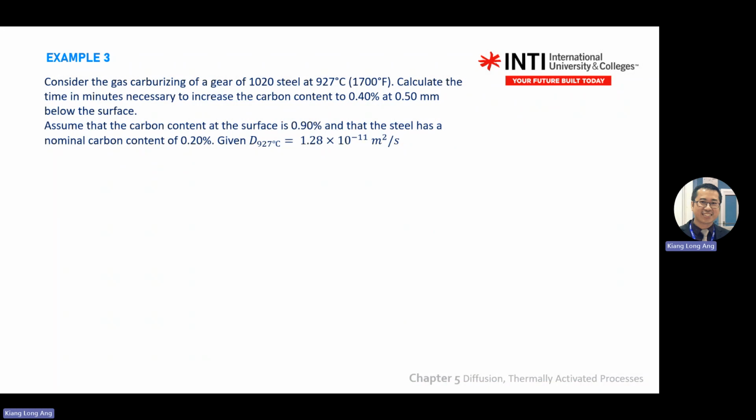The first law just tells you what depth, what percentage. Here you apply (CS minus CX) divided by (CS minus C0) equals ERF of X divided by 2 square root of D t. Remember this structure, and I'll show you the table.